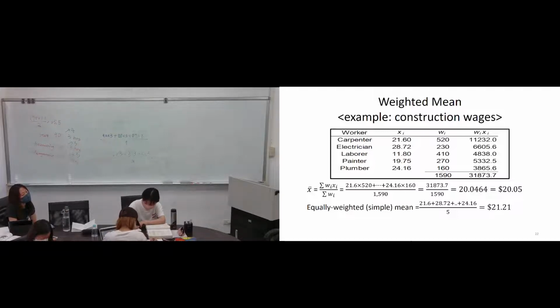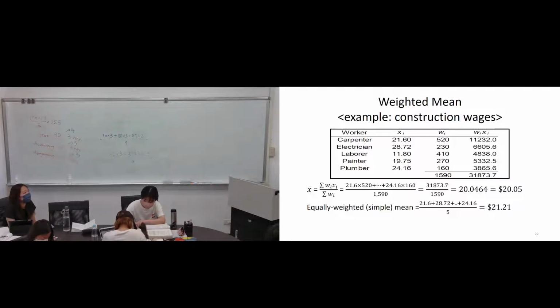Laborer, $11.80 multiplied by 410. Painter, $19.75 multiplied by 270. Plumber, $24.16 multiplied by 160. We add them up, and then divide it by the total number of the weights. The weights again represent the total number of hours.